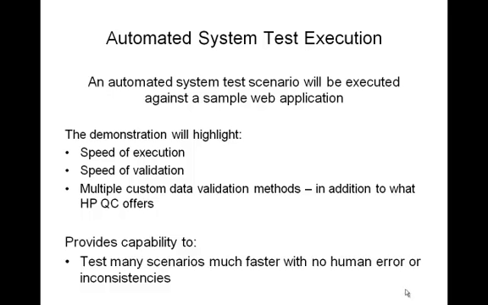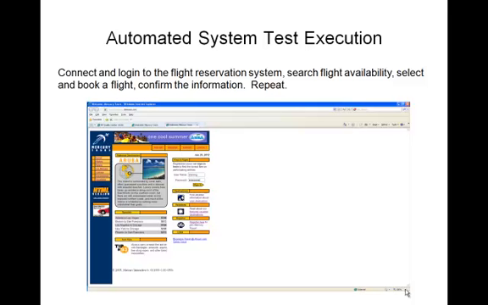This provides the capability to test many scenarios much faster with no human error or inconsistencies. We will connect and log into the flight reservation system, a HP tutorial website. We'll search for flight availability, select and book a flight, confirm the information, and then repeat the test again.